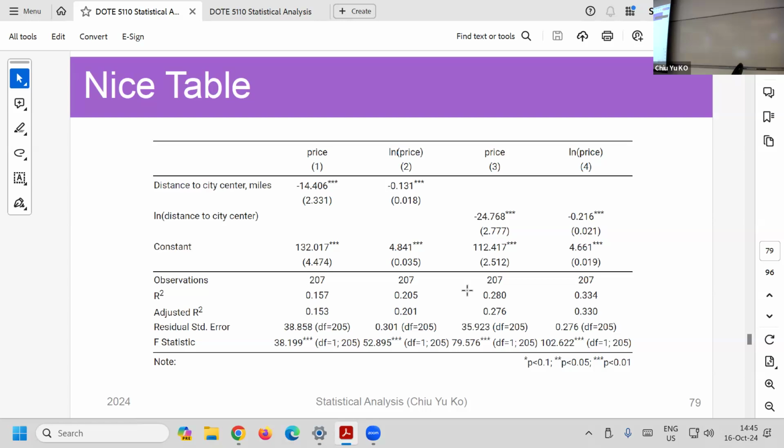When you take log log, it's 34%. So if you try to explain the percentage change in price by the percentage change in distance, that is the best fit of the model. They are related in terms of percentage change, and it's the best way to describe the data, right?